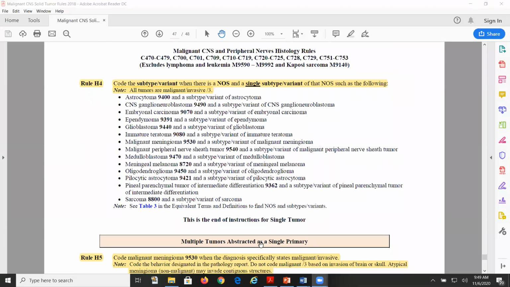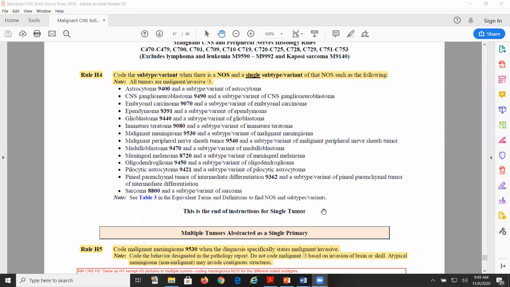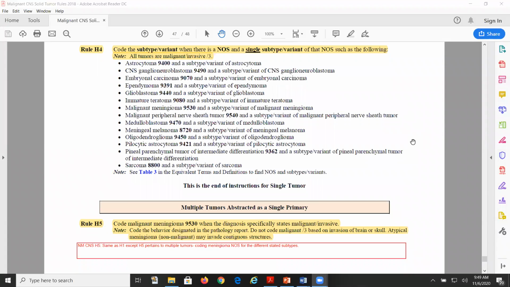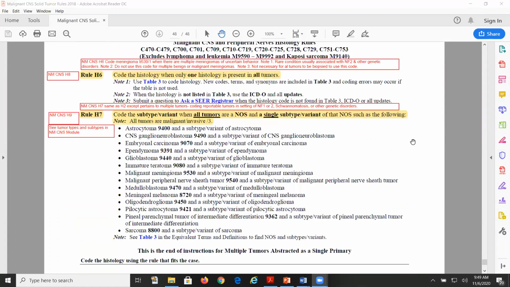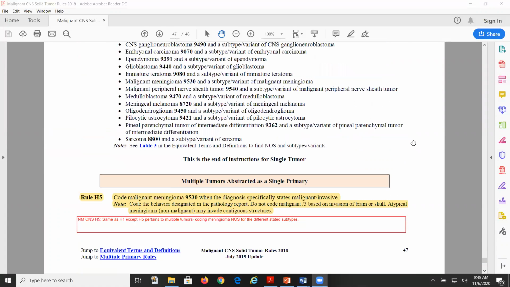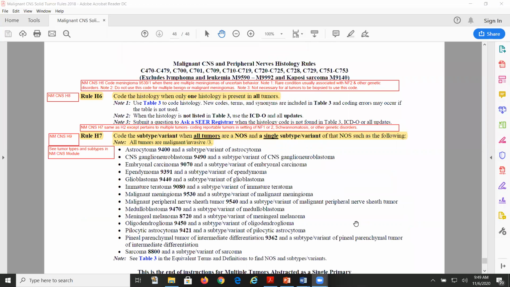So moving on to H4, code the subtype variant when there is an NOS and a single subtype variant of that NOS. And here are several examples for you to review on your own. The rules for multiple tumors abstracted as a single primary, H5. Again, our same rule regarding meningioma. When you have multiple meningiomas, you only record that as malignant if specifically stated as malignant.